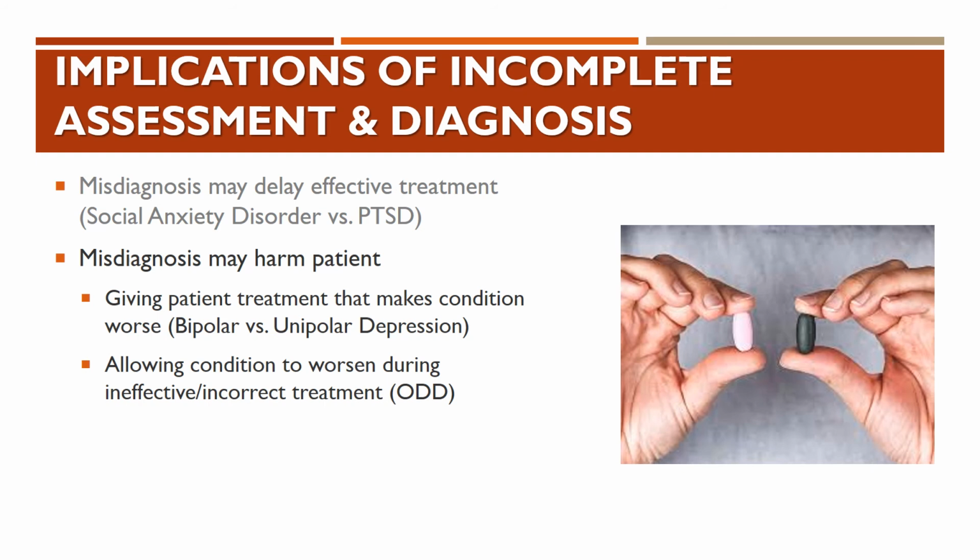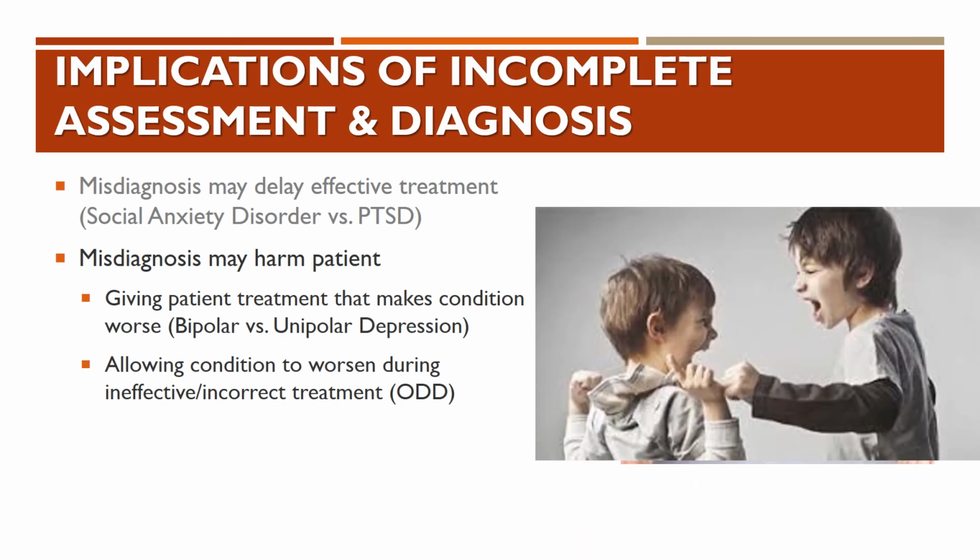Another aspect of the harm to patients could be allowing a condition to worsen or to engage in incorrect or ineffective treatment. This is an example with oppositional defiant disorder. Oppositional defiant disorder may involve a child not cooperating, may involve some aggression between children, for example. But we may also know that the child in question has difficulty paying attention and is having difficulty in school. So perhaps we're assuming that the child has ADHD, attention deficit hyperactivity disorder, but instead they have ODD.